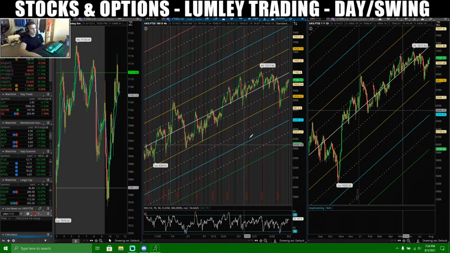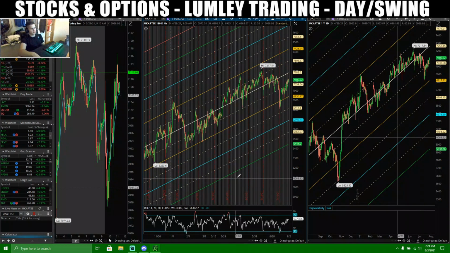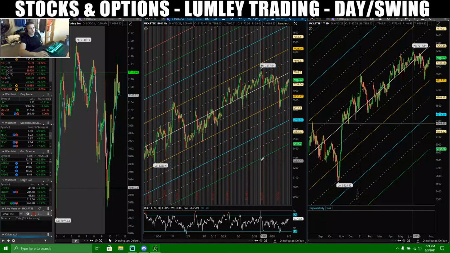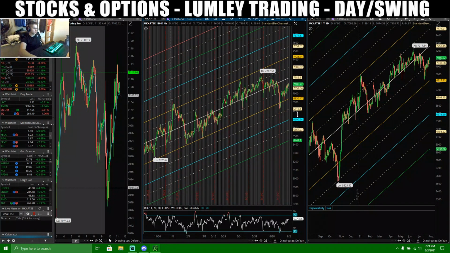The blue lines are the second deviations, and 95% of the time it will trade within the blue lines, and 99.7% of the time it will trade within the green lines. So if you ever see an index like SPY, the S&P 500, FTSE, DAX or anything near the second or third deviations, they can be great times to invest into it.